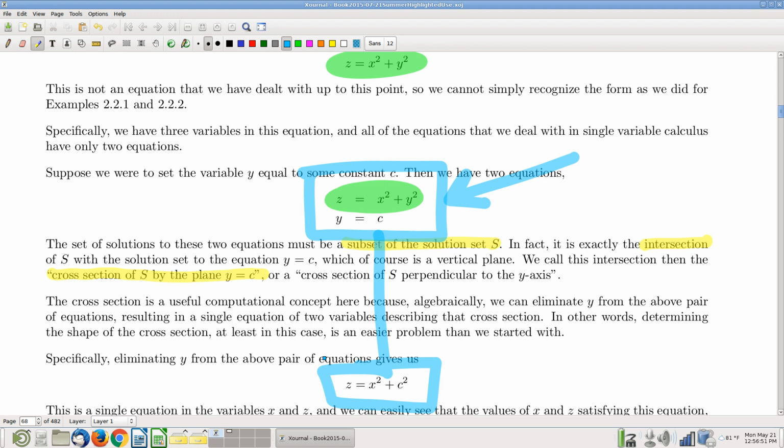And let's ask what this is. This really is, no kidding, a parabola. There's only two variables. c is a constant. Let c equal 3, for example. z is equal to x squared plus 9. Parabola, right? Algebra 2 problem.